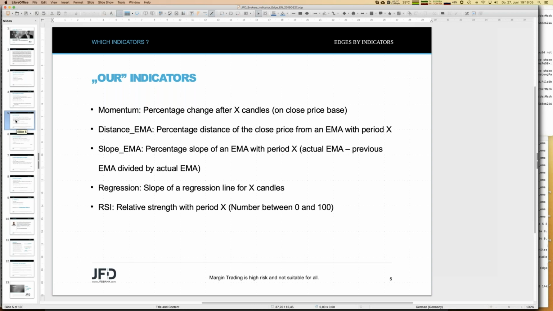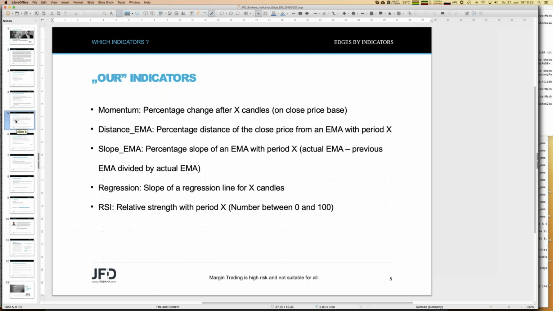We have made strategies already out of that indicator, called mean reversion strategy, and later we will come back to that a little bit. The third indicator is slope EMA. Slope EMA, it's exactly what the name is telling you. We measure the slope of an EMA. How to do it? It's once again quite simple.